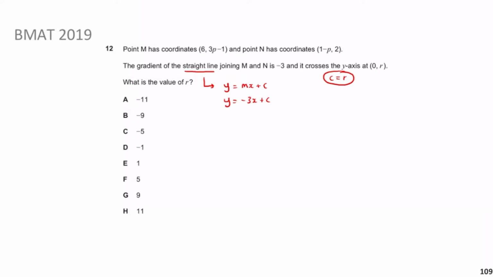So then we have the coordinates, and we can do something with them, because remember the gradient m is y2 minus y1 over x2 minus x1.